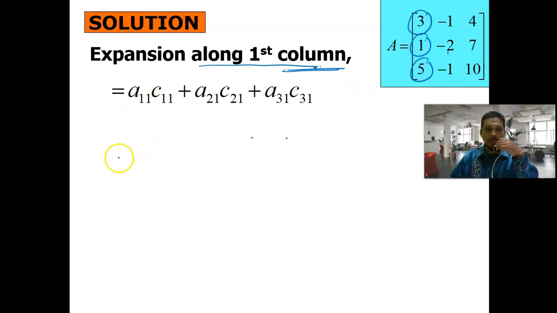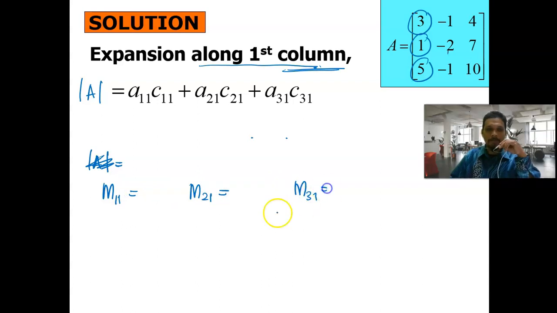Okay, so now for the determinant of A, okay, this is the determinant of A here. Expansion along the first column. So we're going to find out the minor of 1, 1, minor of 2, 1, and minor of 3, 1.